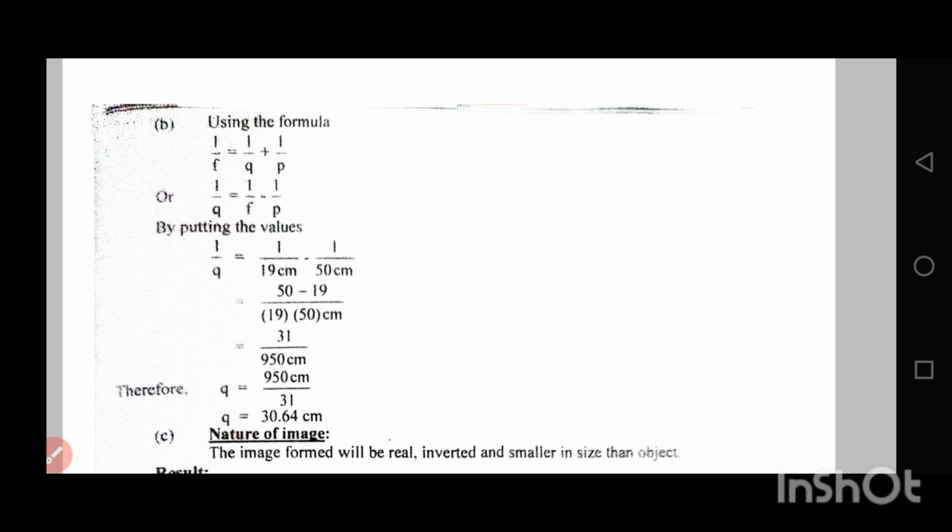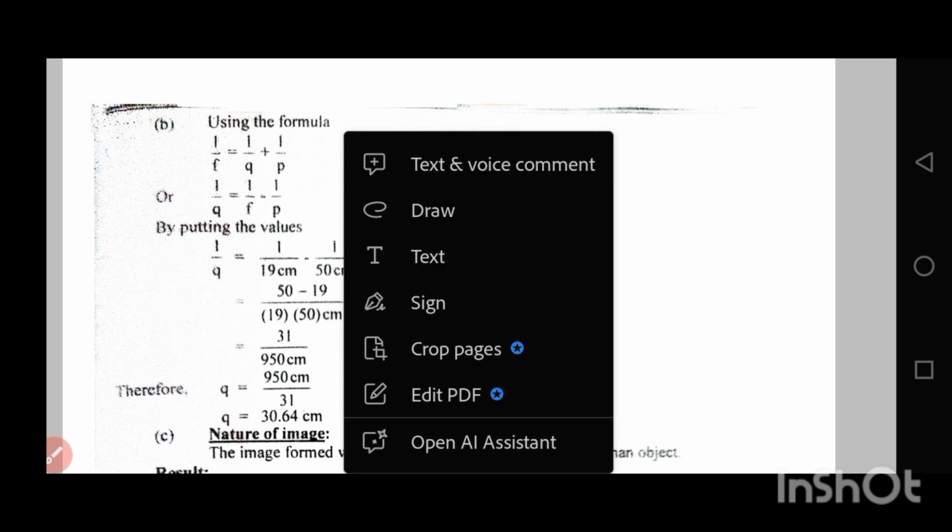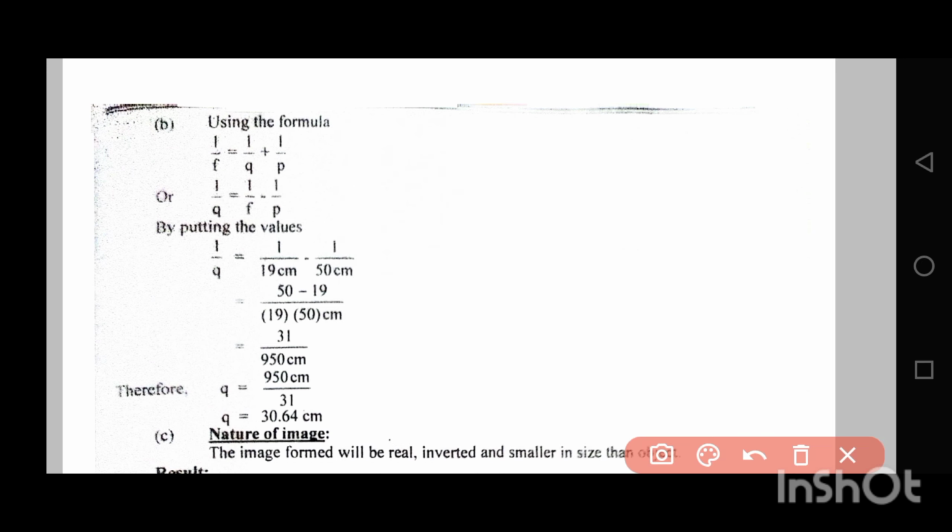The formula is 1 over f is equal to 1 over q plus 1 over p. So 1 over q is equal to 1 over f minus 1 over p. After substituting the values we get the final result, that is q is equal to 30.64 centimeter.